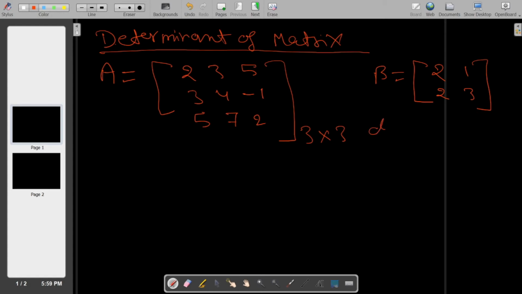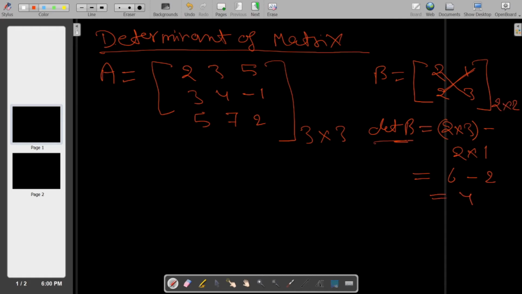So the determinant of B is nothing but multiplying the diagonals: 2 cross 3 minus 2 cross 1, which is 6 minus 2, 4. So for size 2 by 2, you multiply the diagonal 2 cross 3 and then subtract 2 cross 1, 6 minus 2, 4.